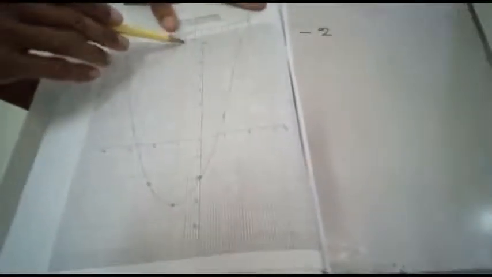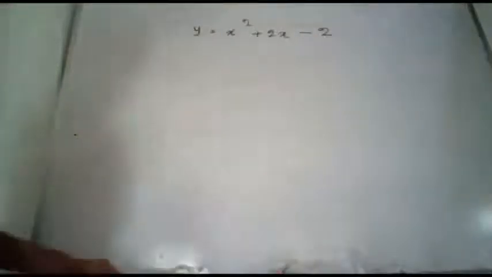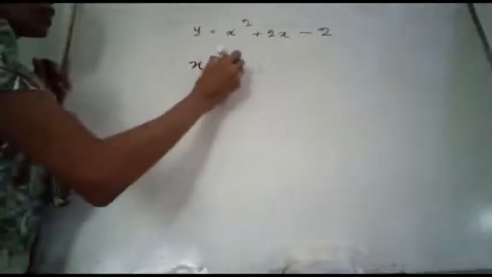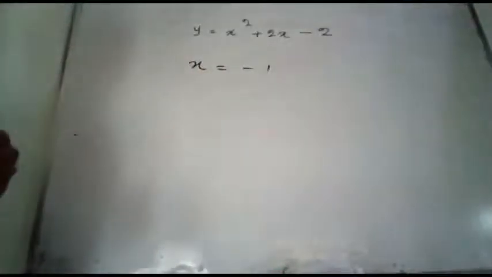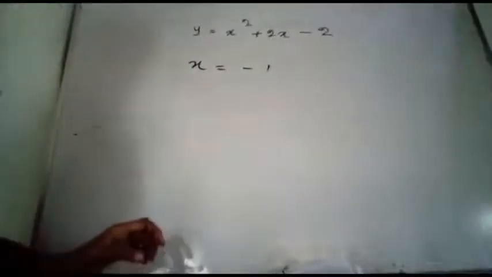It intersects the x-axis at -1. On the axis of symmetry, the x-coordinate of every point is -1. Then the equation of the axis of symmetry is x equals -1.